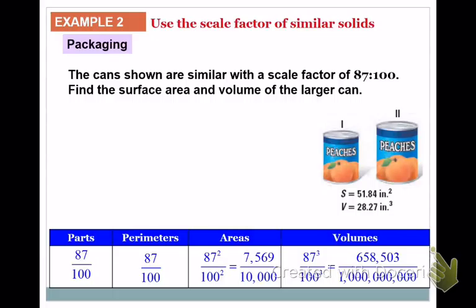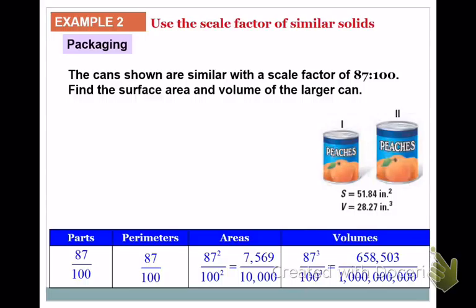Everybody know how to cube on their calculator? I think we tried that before, right? Make sure you can cube something on your calculator. On the graphing calculators, you use the math button. On the standard calculators, it's probably an X to the Y button. It might have an X to the third, but there may be an X to the Y button. So you have to know how to cube on your calculator. In fact, why doesn't everybody get their calculator out and see if they can do 87 cubed?